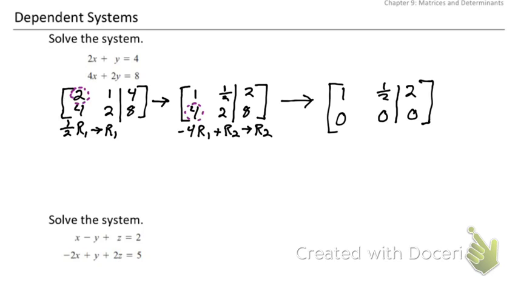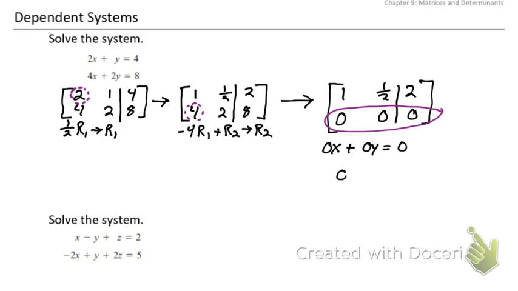That's different. It's different because now if I tell you to turn this into 1, you can't, because you can't multiply this by 1 over 0 and it becomes 1. What's happening right here is a special case. What we have currently is the equation 0x plus 0y equals 0.